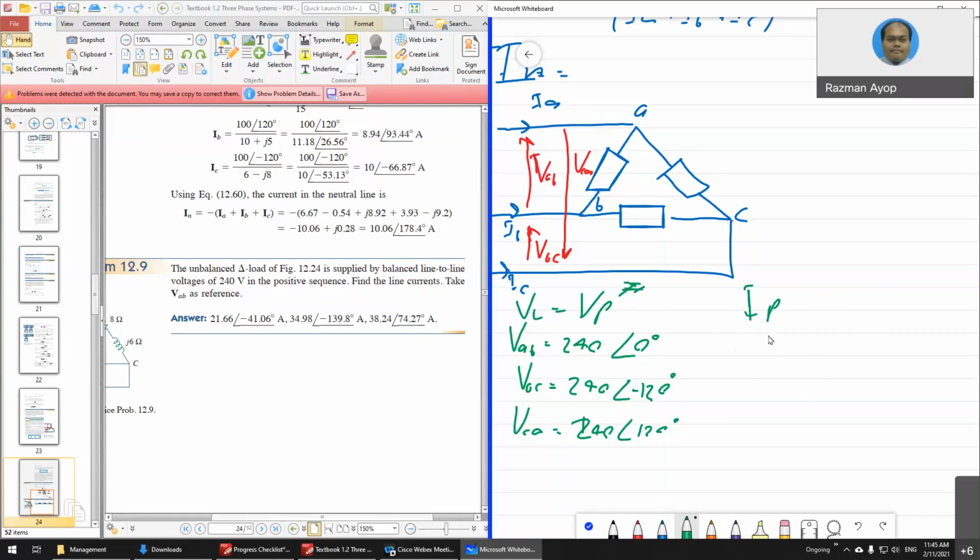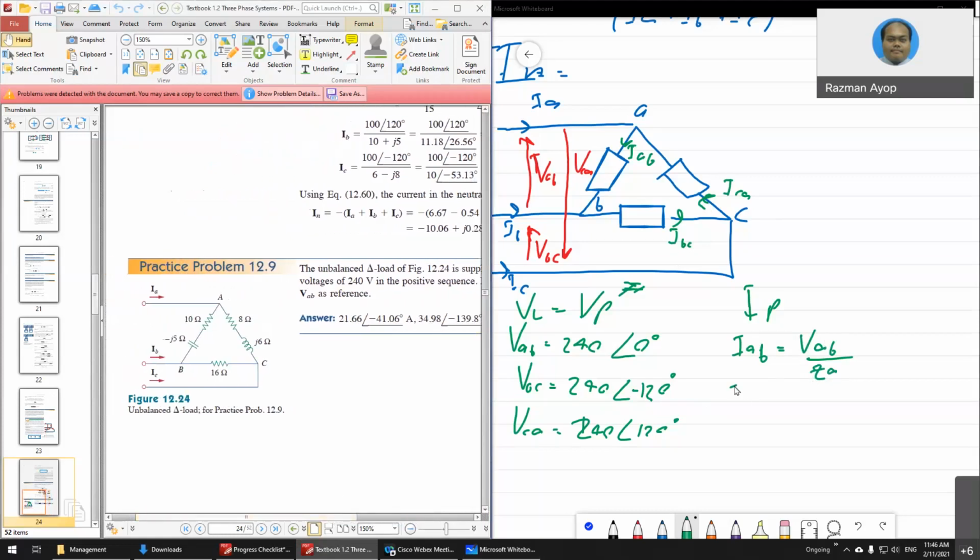Phase current IAB. So this is IAB, be careful. This one is IBC. This one is ICA. Be careful with the arrow, from B to C. So IAB is equal to VAB divided by ZA.